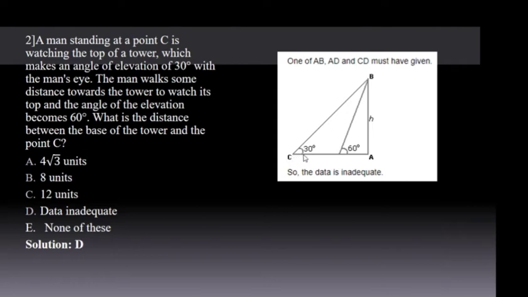He is moving towards the tower. He is moving a distance such that this angle of elevation becomes 60 degrees. What are we asked to find? We are asked to find the distance AC.